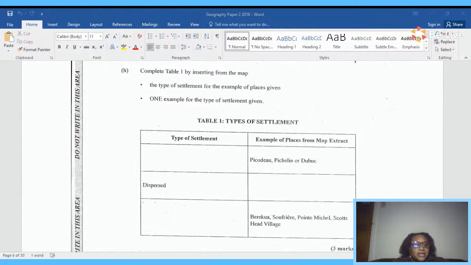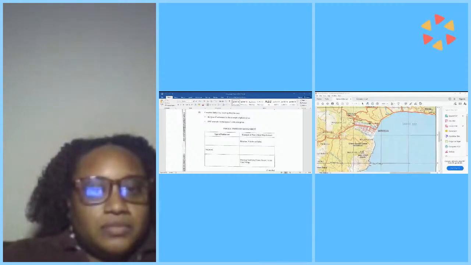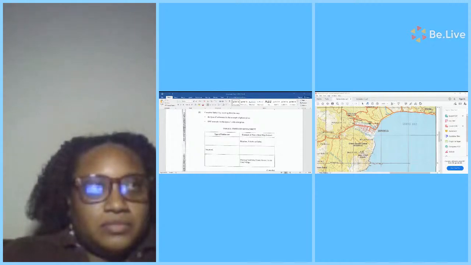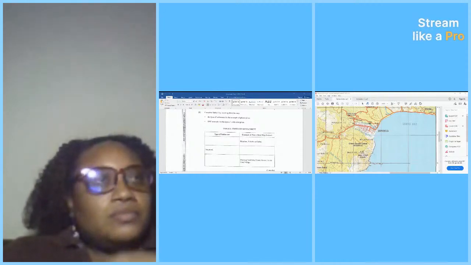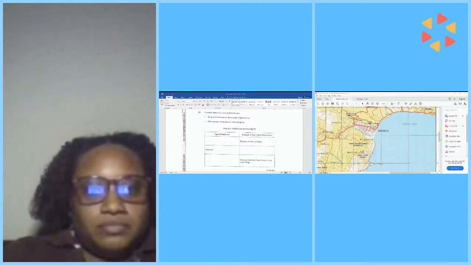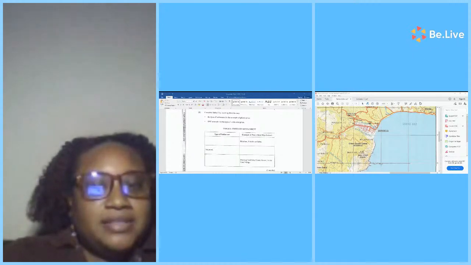What type of settlement is Burica in terms of settlement pattern? Very good, nucleated. So that's the easy one.